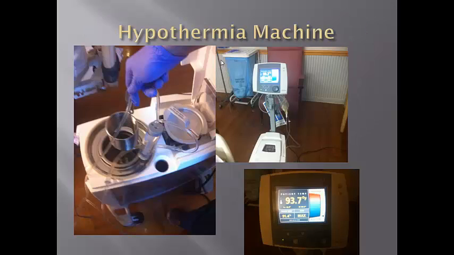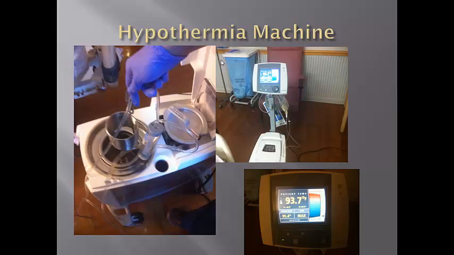These are just a few pictures of our hypothermia machine. The picture on the left-hand side shows the machine with the lid up, with the coil and all the tubing that nurses set up in the ICU when we know that a patient's coming from the emergency room. The pictures to the right show the screen of the hypothermia machine.